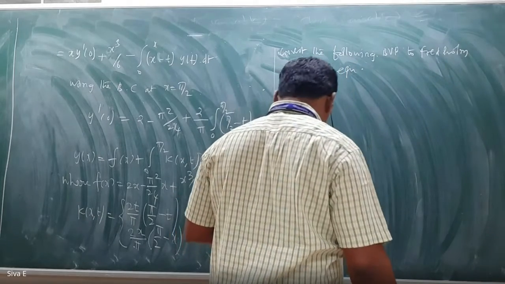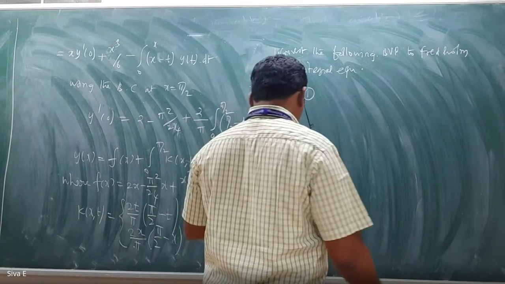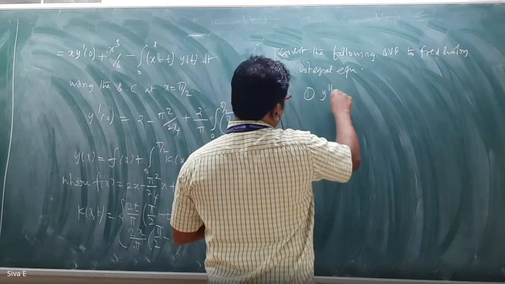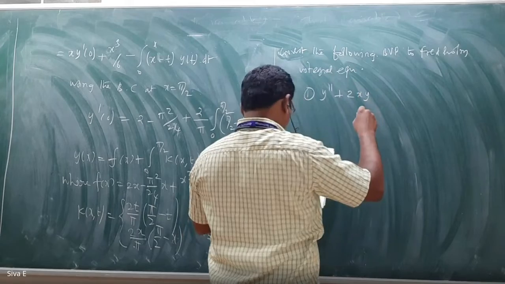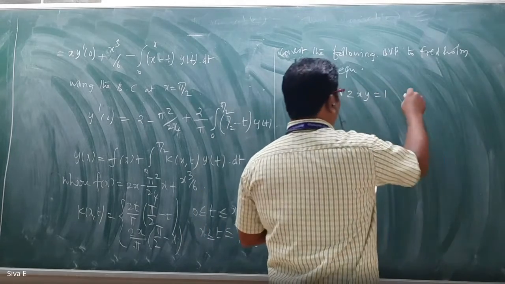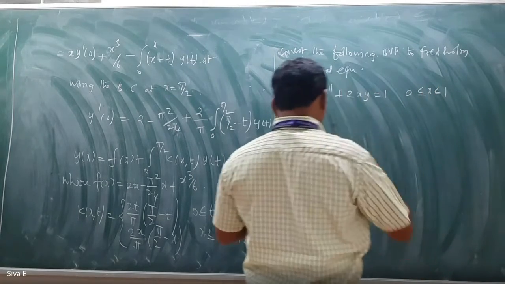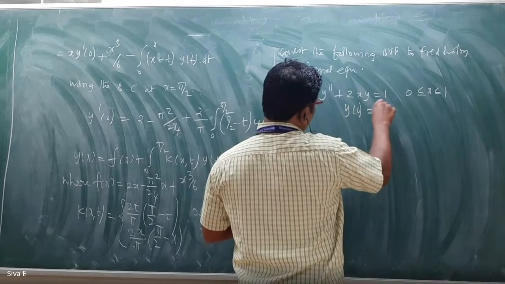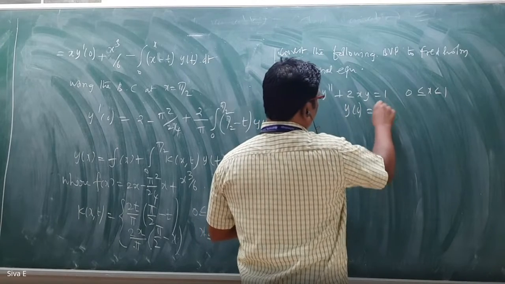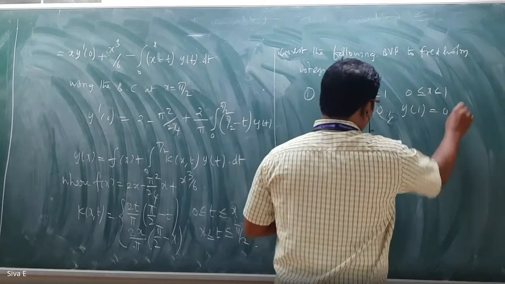Problem 1: y double dash plus 2xy equal to 1, where 0 less than or equal to x less than or equal to 1, y of 0 equal to 0, y of 1 equal to 0.